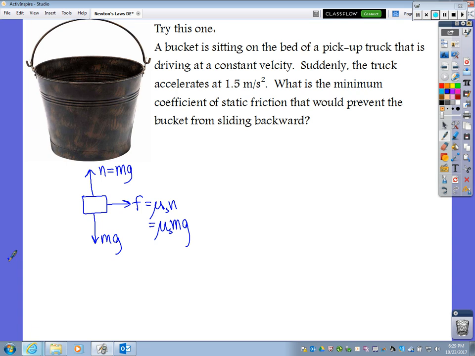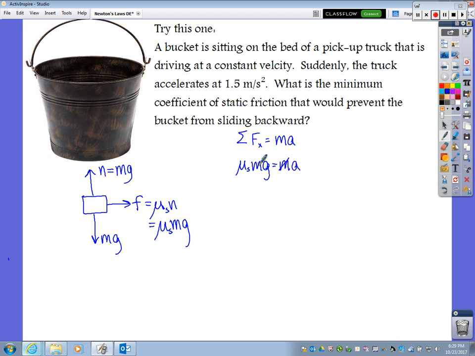Now we're just looking in the horizontal direction, net force equals ma. So on this side, the net force is that friction force, mu static times mg equals ma.